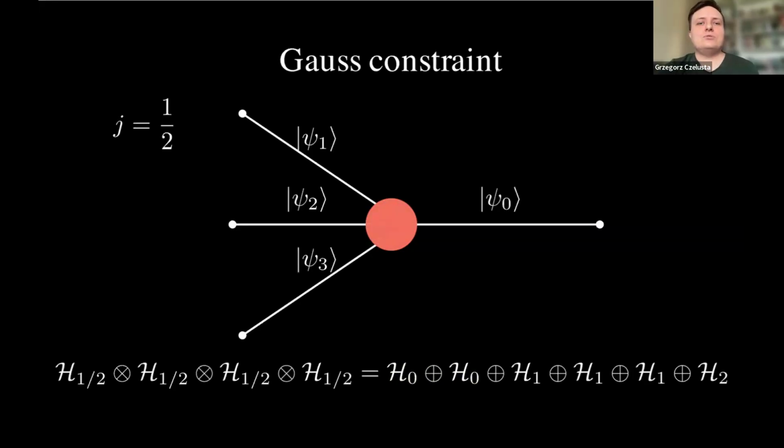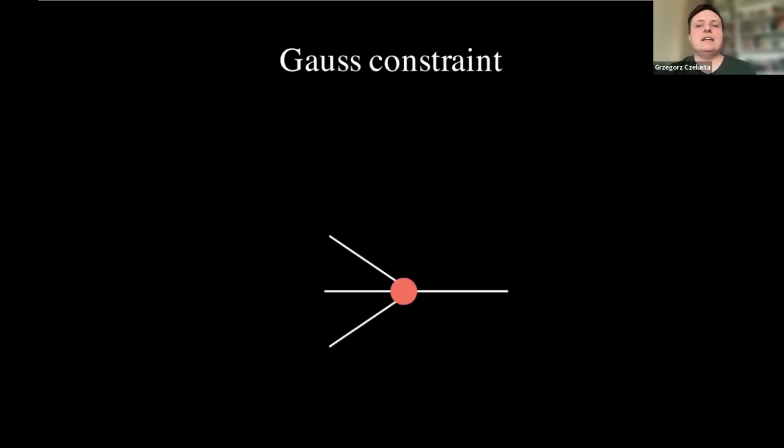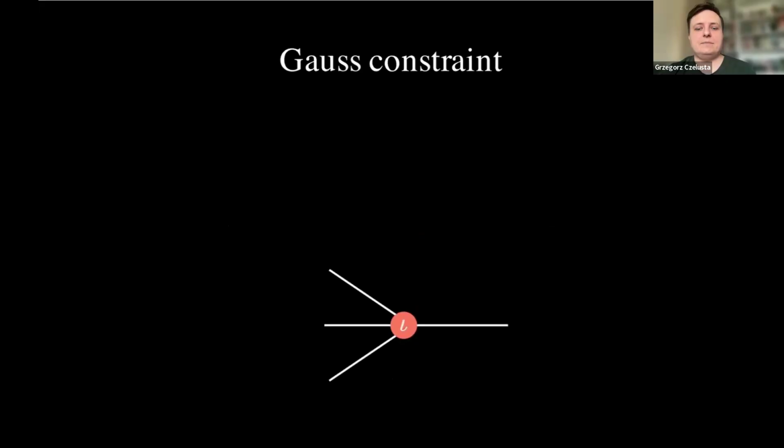So this is a crucial observation, since the invariant subspace is 2-dimensional, it means that nodes of a spin network can be represented by qubits. And diagrammatically, we can indicate this by adding an extra leg at the vertex.